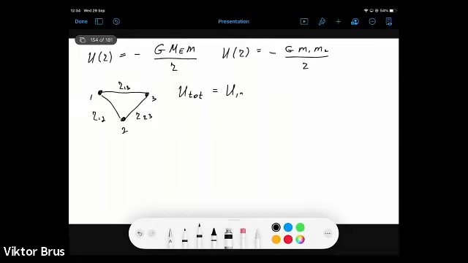So it will be potential energy of interaction between 1,2, 1,3, and also 2,3.